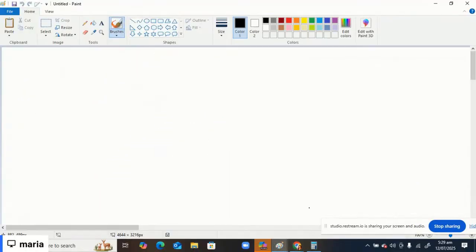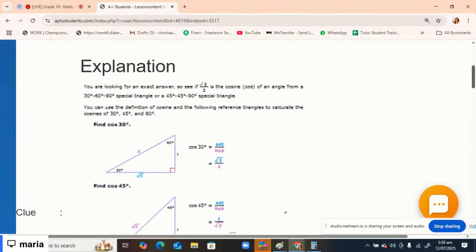Firstly, how to find the value of cos 30, then cos 45, then cos 60.